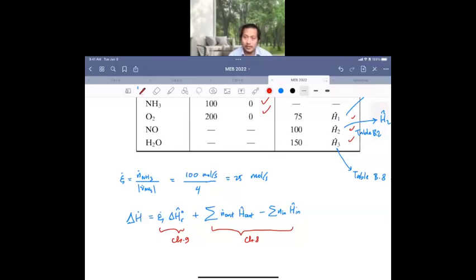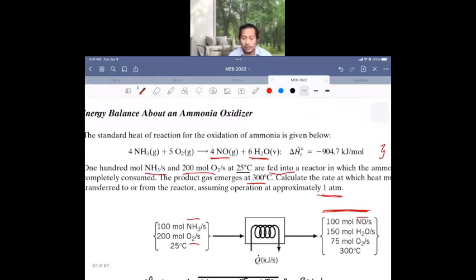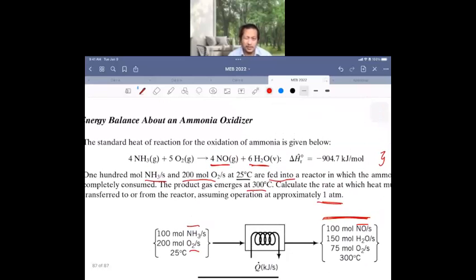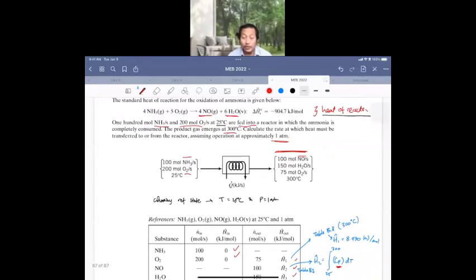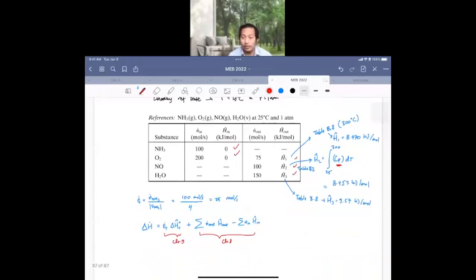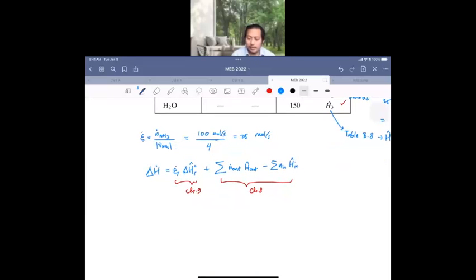Because we are having a reactive process, we have the extent of reaction, because the whole process involves oxidations, or in some cases combustion. This takes another heat that you need to add into the whole system for your delta H. Now, let's take a look at this delta H. This is 25, and the heat of reaction is 900.